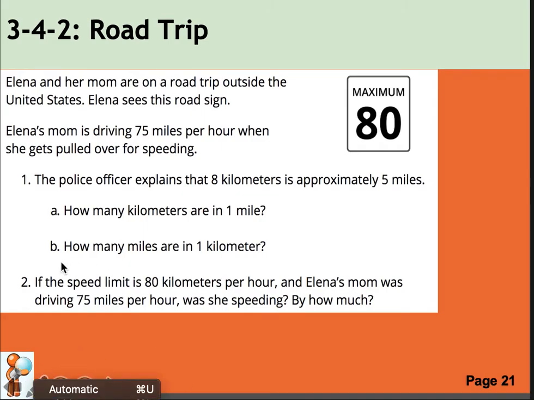So we're going to continue on. We're going to start with number 2. If the speed limit is 80 kilometers per hour and Elena's mom was driving 75 miles per hour, was she speeding and by how much? I'm going to change my pen color here to black so we can see it easier. So we know that the speed limit is 80 kilometers per hour. So that's 80 over 1.